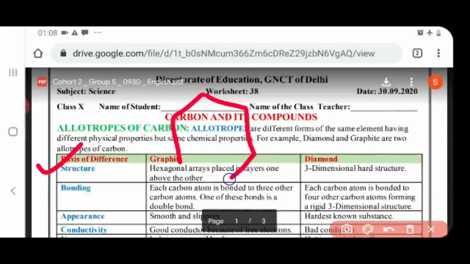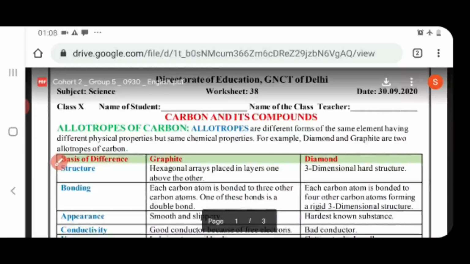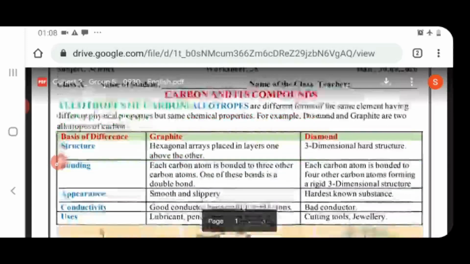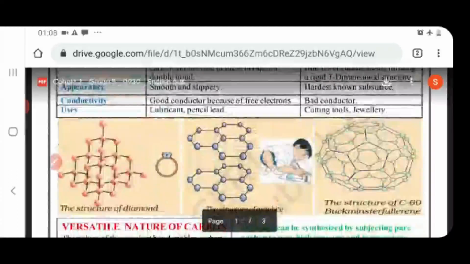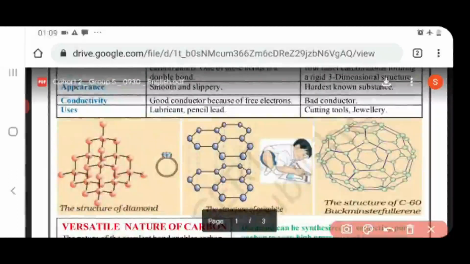Hexagon is this 6 side. So these kind of arrays are placed in layers one above the other for graphite. For diamond, we have a 3-dimensional hard structure. You can see here the figure of graphite and figure of diamond. Clear?